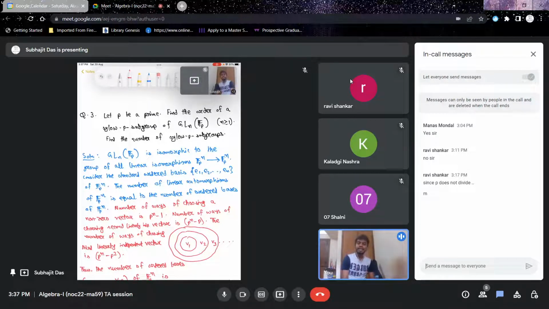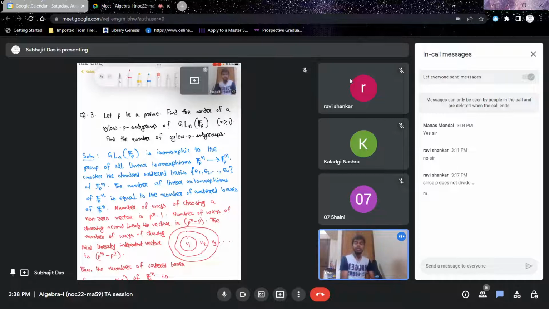The basic idea is you know that the number of Sylow P subgroups of a group is equal to the order of G over the order of the normalizer of any particular Sylow P subgroup, right? So the trick is to find one Sylow P subgroup of GL_n(F_p), and that is precisely given by the upper triangular matrices with 1 in the leading diagonal, right? That gives you a Sylow P subgroup.